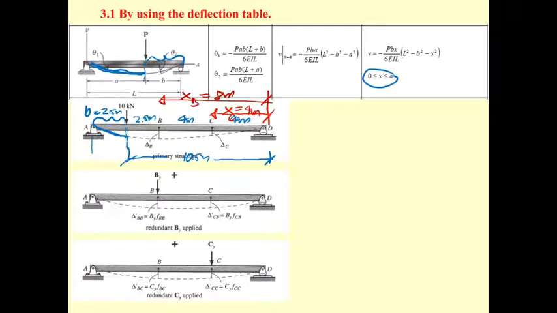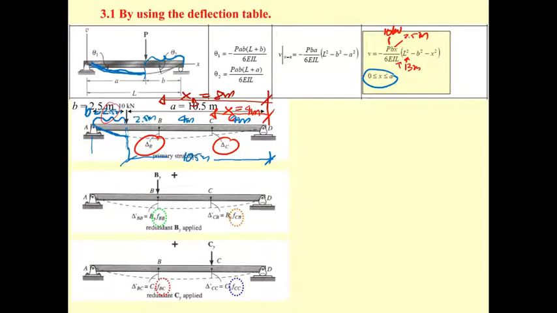Now you can determine delta sub B and delta sub C based upon this equation, in which P is 10 kilonewton, B is just 2.5, and X depends on X sub B or X sub C. And this is going to be 13 meter for L. B is 2.5 and X varies. Based on this, you just need to follow what we have.